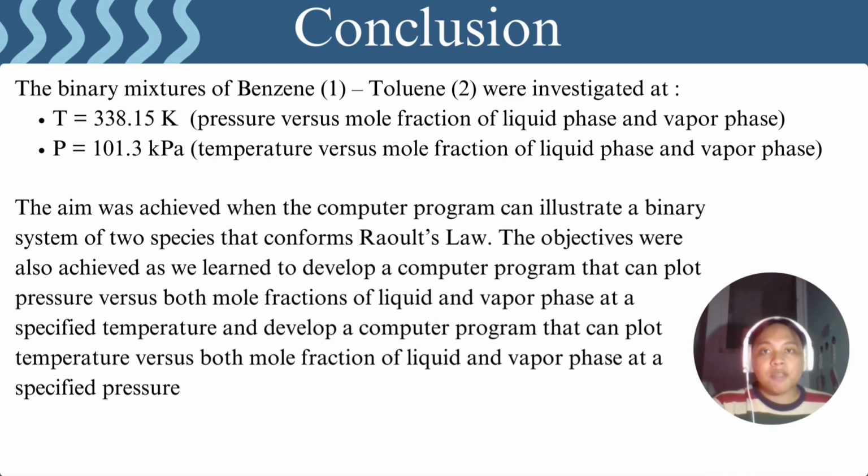The objectives of this research project were also achieved as we learned to develop a computer program that can plot pressure versus both mole fractions at a specific temperature, which is a PXY diagram, and to develop another computer program that can plot temperature versus both mole fractions of liquid and vapor phase at a specific pressure, which is a TXY diagram.